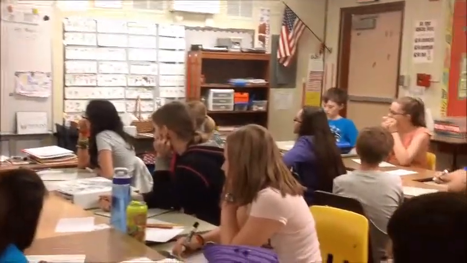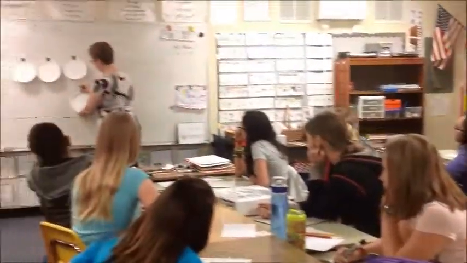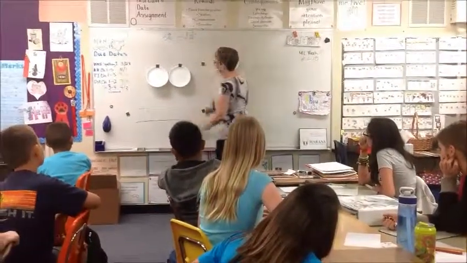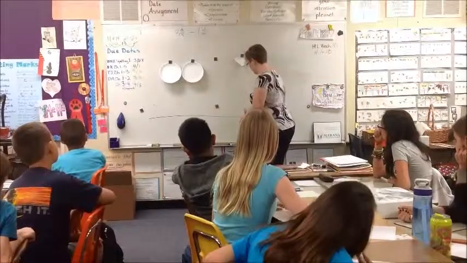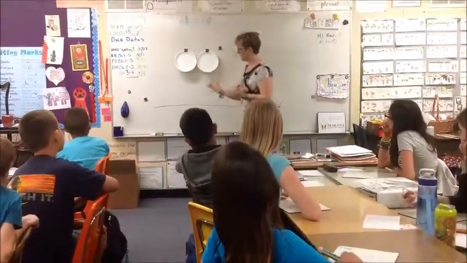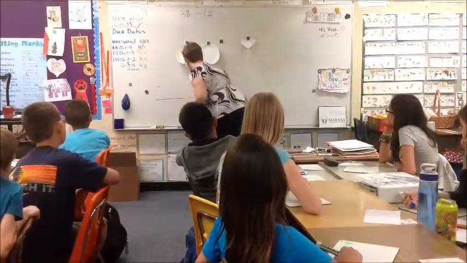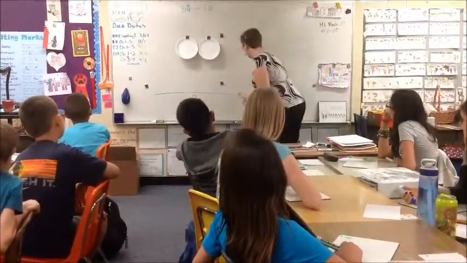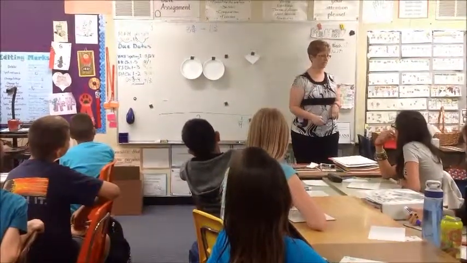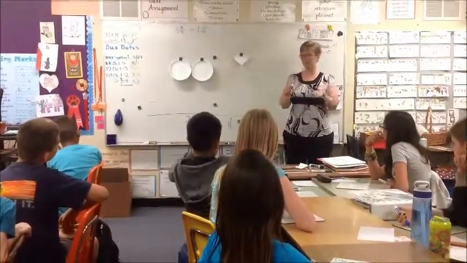And then here, I subtract my whole number, because they're the same. Well, that's easy. I don't have to cut anything out. Just take those away. Beautiful. And then I have my leftovers. So then I should have 2 and 1/4 left over.